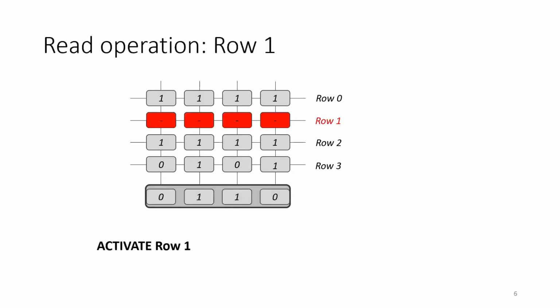The memory controller first issues an activate command to bring the row data in the row buffer. The read operation then is performed directly on the row buffer. If the memory controller wants to read from another row, it must issue a precharge command to close the row, bringing back the data from the row buffer into the row. Then it can open the other row, for example in the figure, row 3.